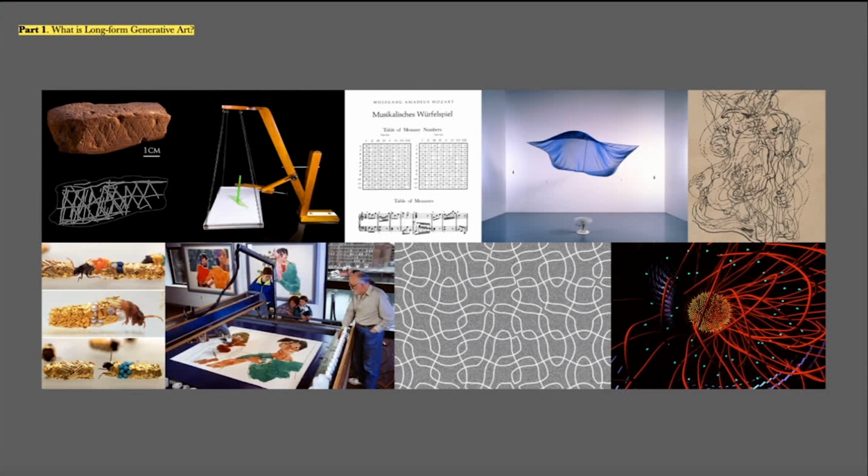So if we look at history, we will find different kinds of processes, from analog to subconscious, like the surrealist automatic writing and automatic painting, to more evolutionary approaches that nowadays are connected to artificial intelligence. And we see some of these here.